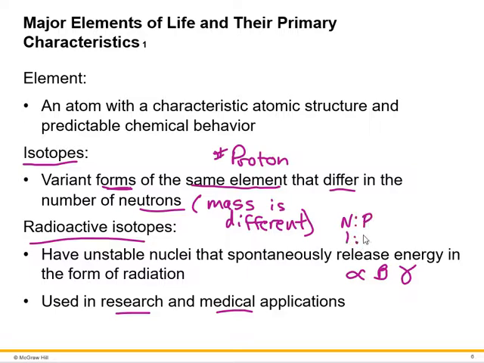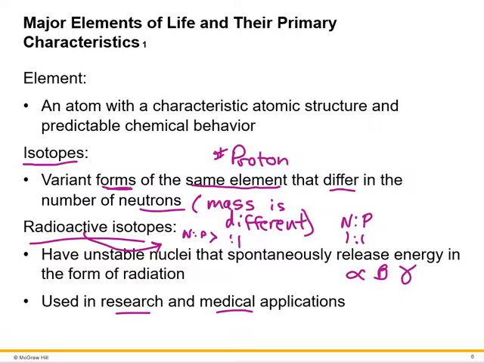Usually it's a 1-to-1 ratio. In most elements, that is going to be the case. But in a radioactive isotope, the neutrons to protons are greater than 1-to-1.